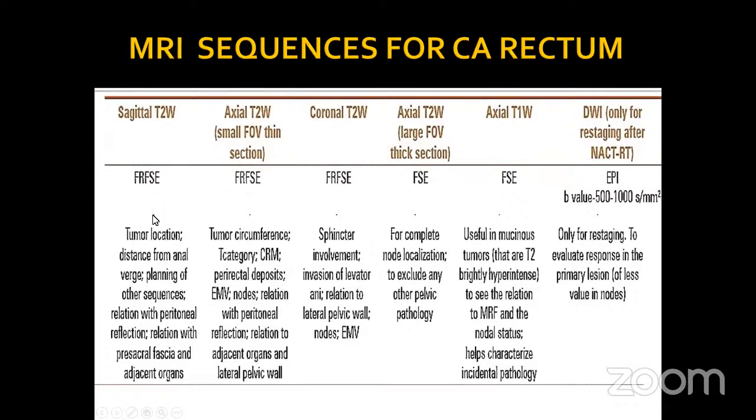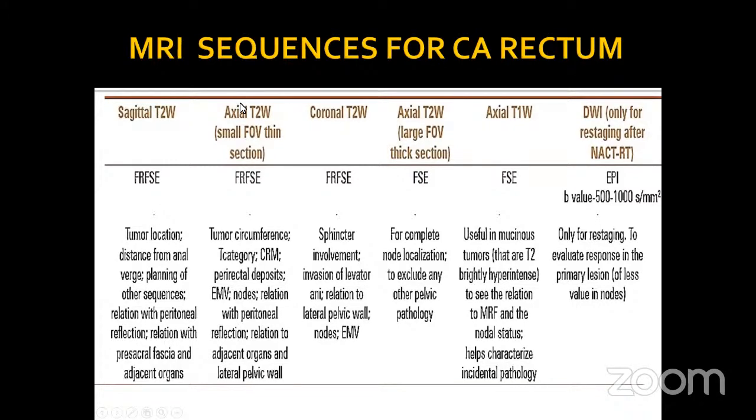Primarily tumor localization, the length of the tumor, the distance from the lower extent of the tumor up to the anal valve or up to the sphincter should be looked at on sagittal T2. The relationship with the peritoneal reflection, those are the things we need to look at.